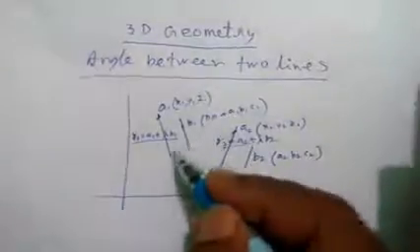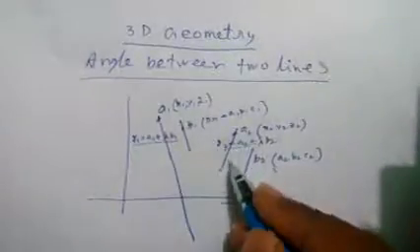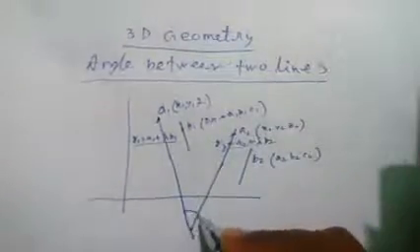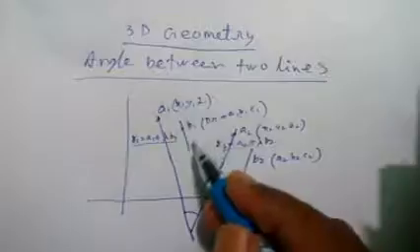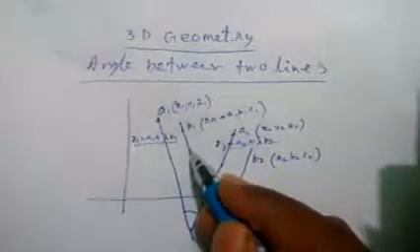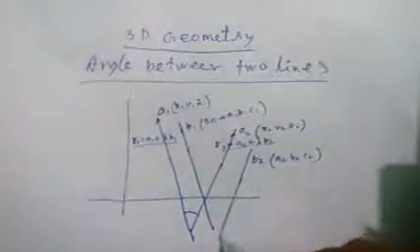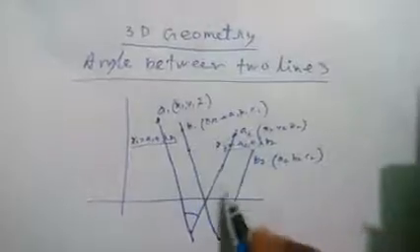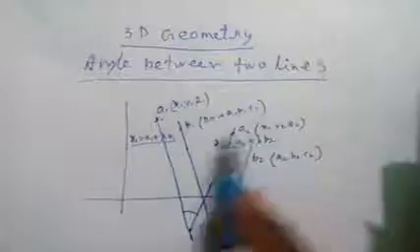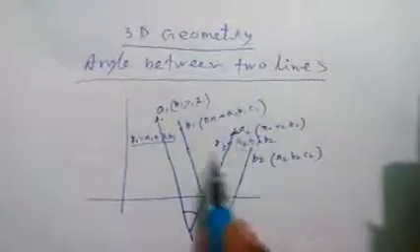Now you see here, if I extend this line, they will meet with each other and make an angle here. And if I extend the parallel vectors of the line, then it will also intersect in a point. Actually a1 is parallel to b1 and a2 is parallel to b2.